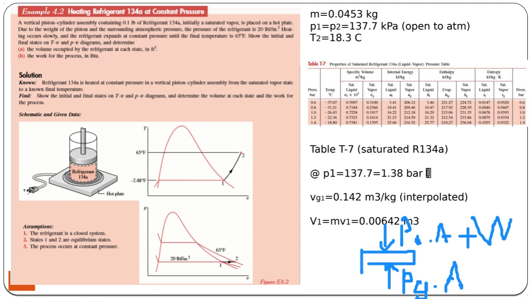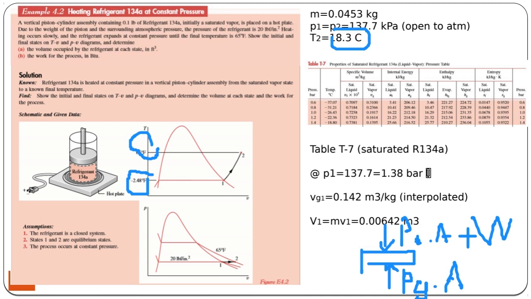It's heated to a temperature of 18 Celsius. It starts with a low temperature, and this low temperature can be found from the saturation table of R134A, because you are given the pressure.